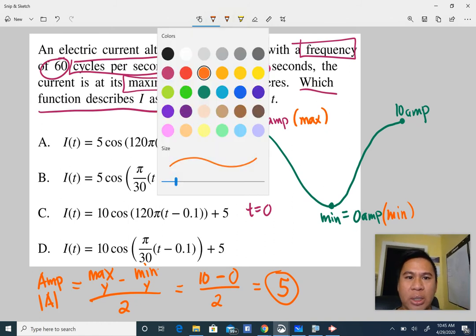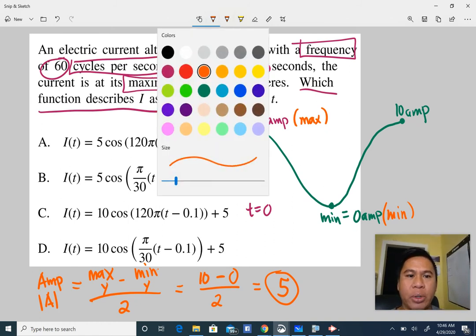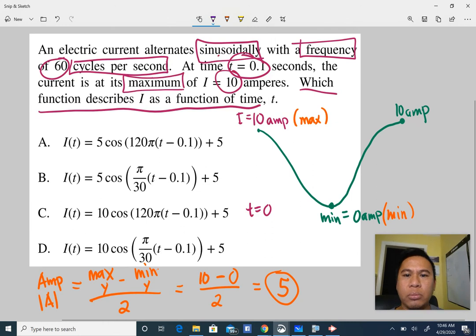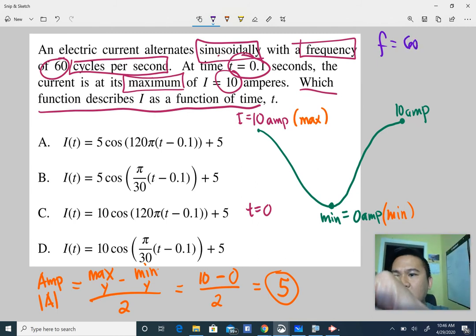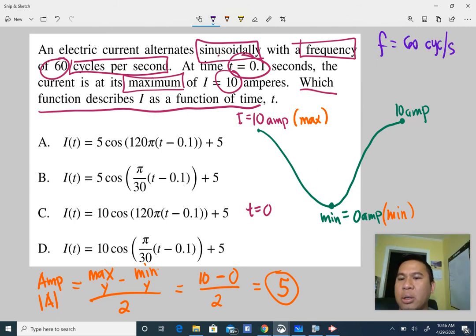Now, let's get our period. It says here that the frequency is 60 cycles per second. And once again, the frequency and period are reciprocals of each other.